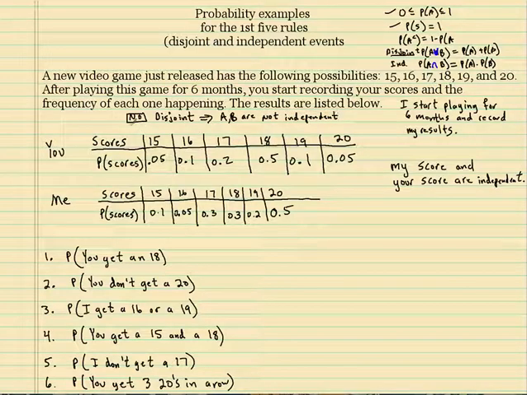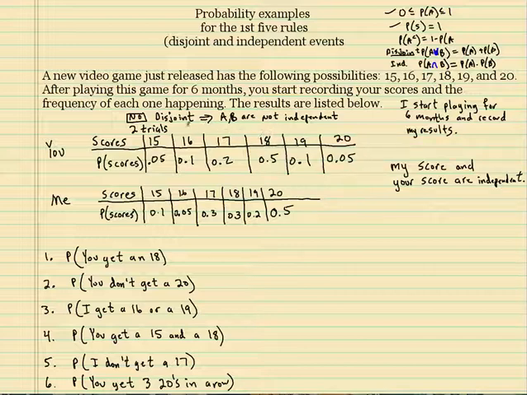But let's look at two trials. I could just give you this, okay? If one outcome doesn't affect the next outcome, okay? So if you get a 17 on the first one, that doesn't necessarily give you an advantage on the next, okay?